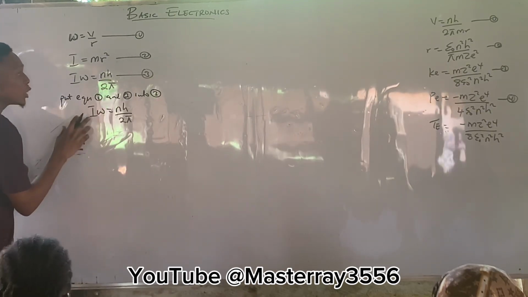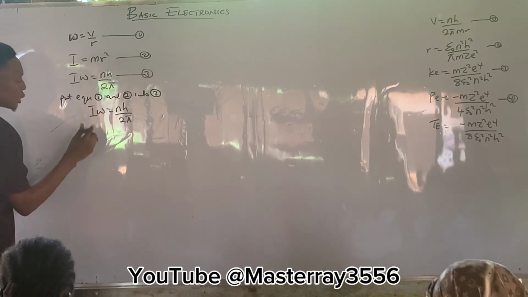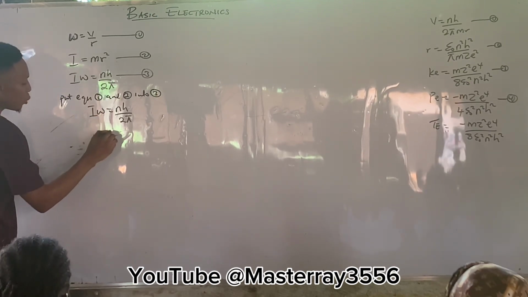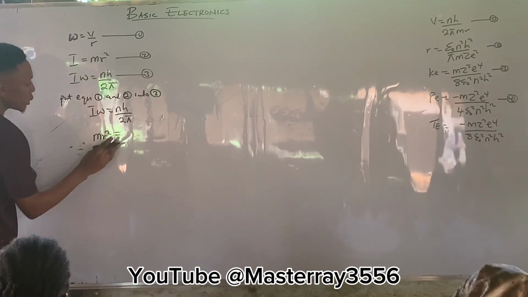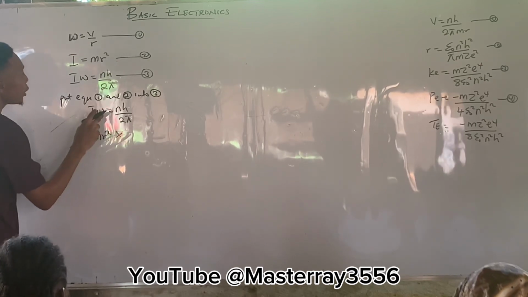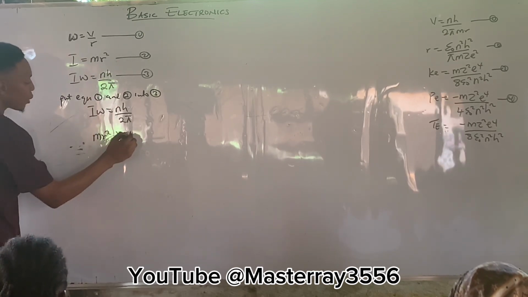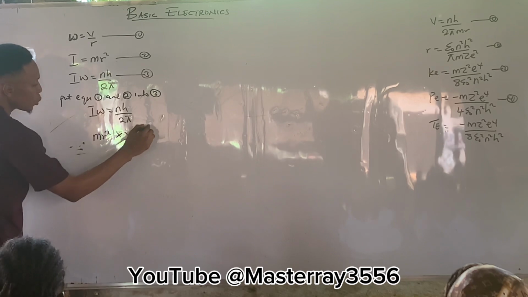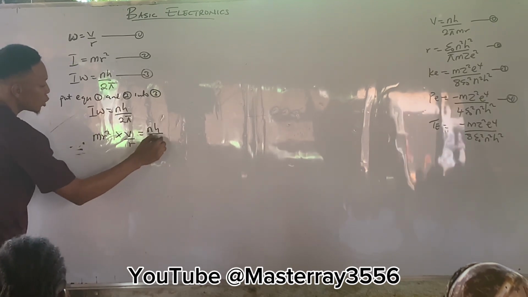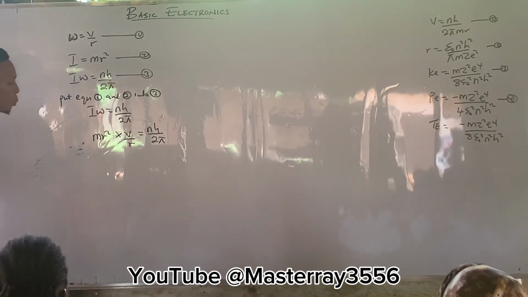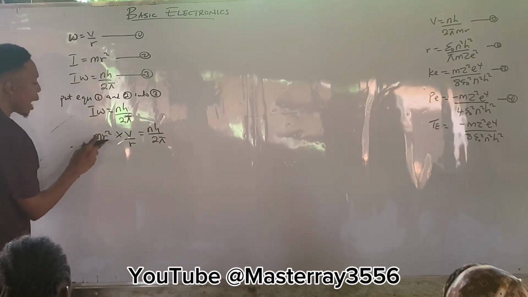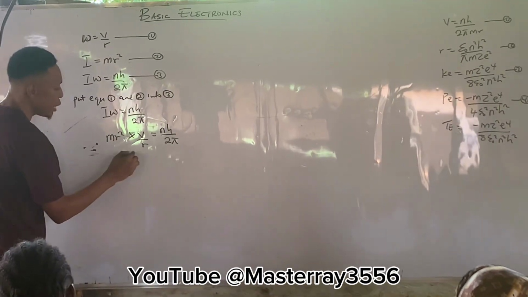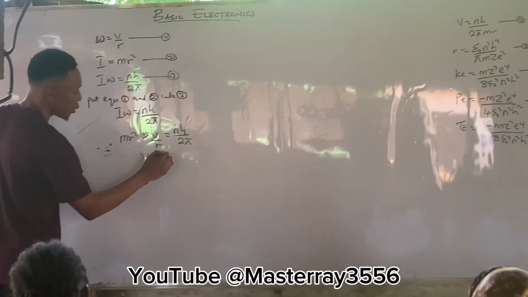Now our I, which is moment of inertia, is taken as what? mr squared. Then it times what was W? V over R. Then equals nh over 2pi. So from here, mr squared times V will give us Vmr squared, right?